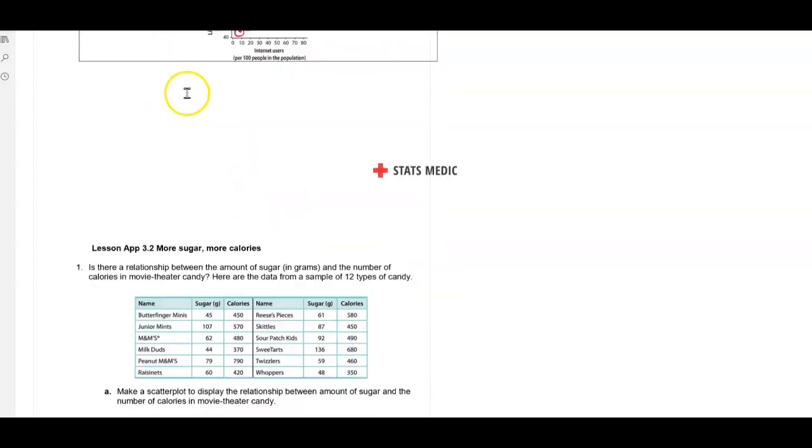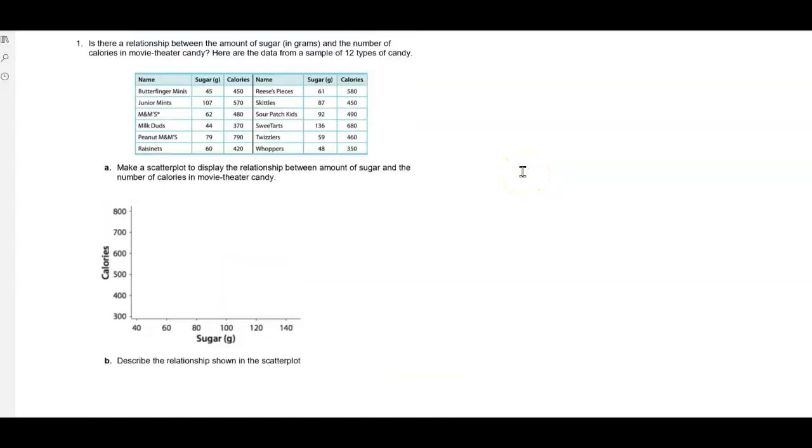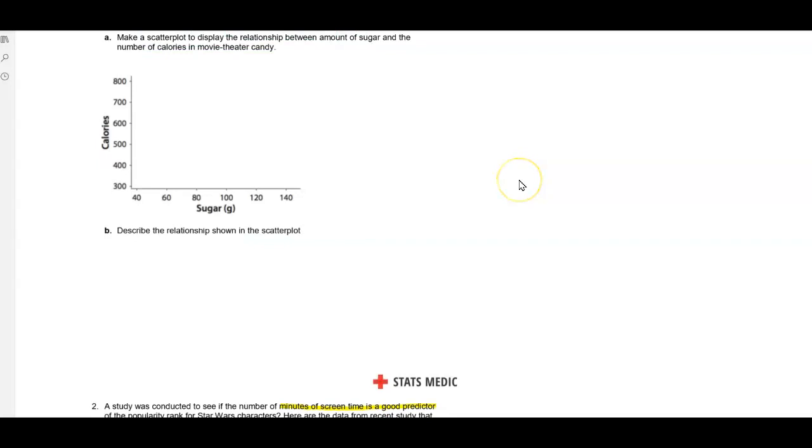So what we're going to look at here is the relationship between sugar and calories. We're going to make a scatter plot, and then we're going to describe it. First of all, we're going to describe the direction.